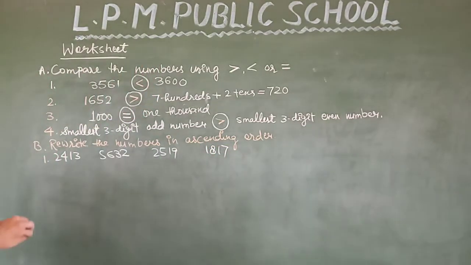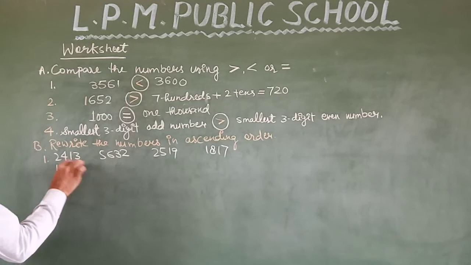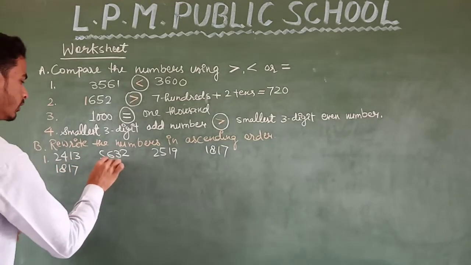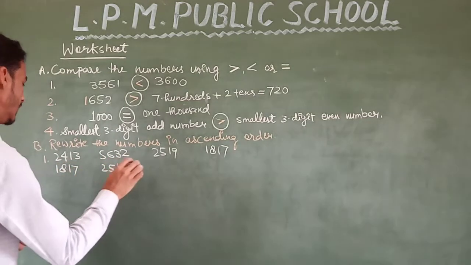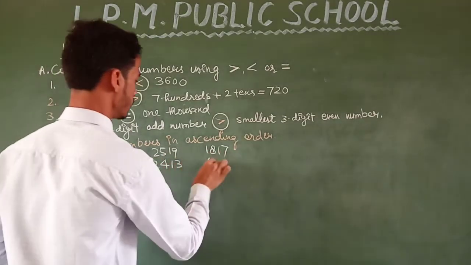Okay, so we have to arrange in ascending order. Which one is smaller? You know that 1817 is smaller. After that 2519, after that 2413 and after that 5640.